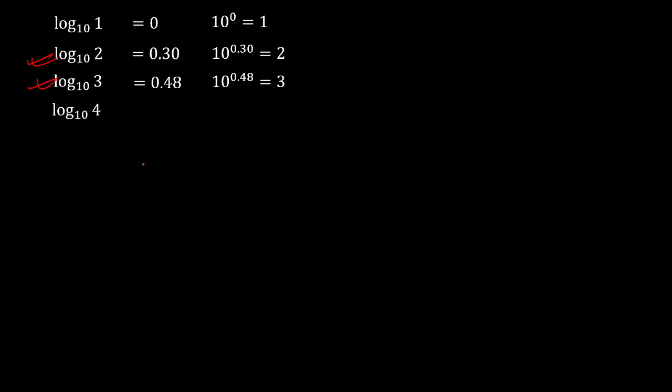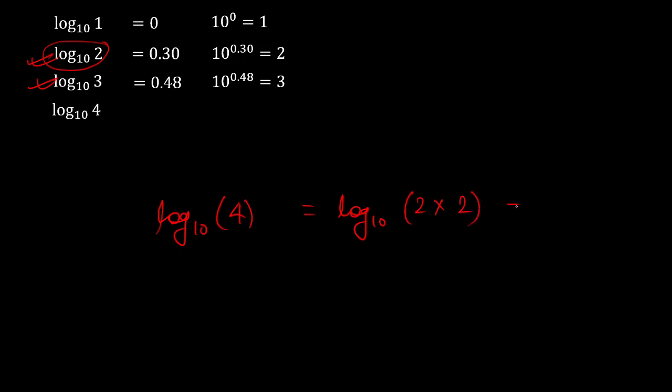Log base 10 of 4. How to deal with it? It can be dealt with using log 2 only. Let's see, log base 10 of 4 is log base 10 of 2 times 2. Now I'm going to break this up into log 10 2 plus log 10 2, and I will tell you why.